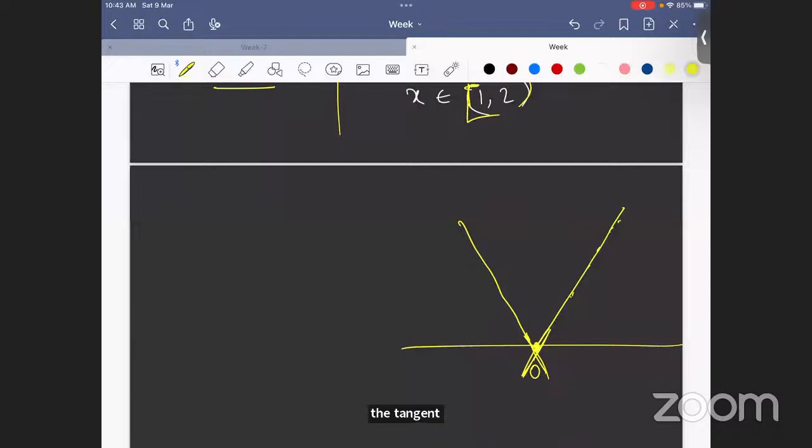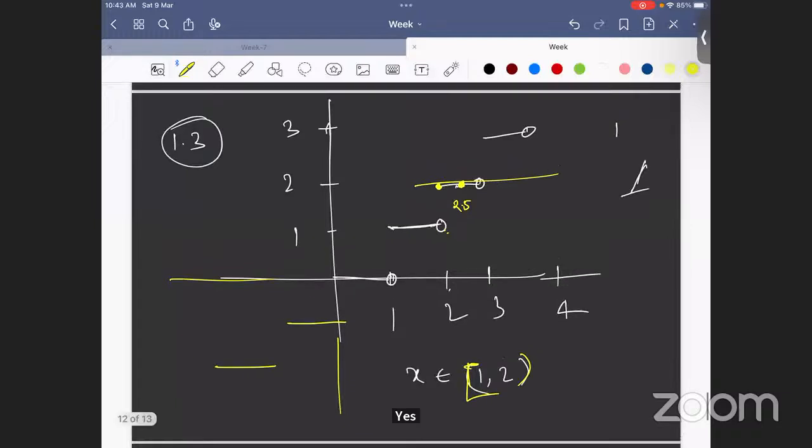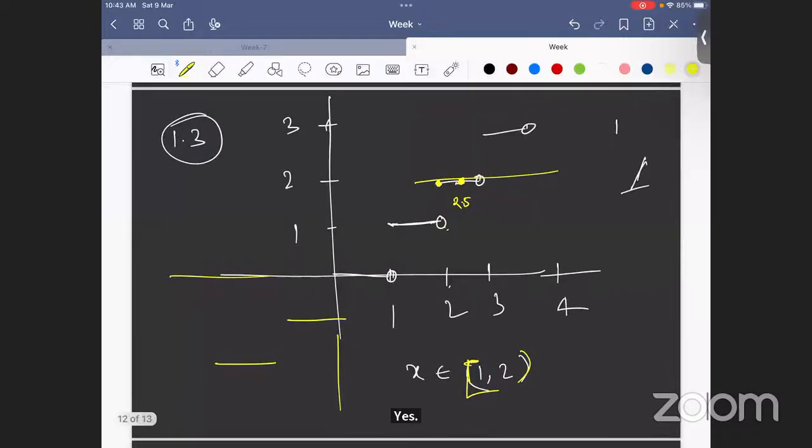So direction does not really mean the direction. It means following the curve itself. Okay, that makes sense. Yeah, whatever you have said is correct.